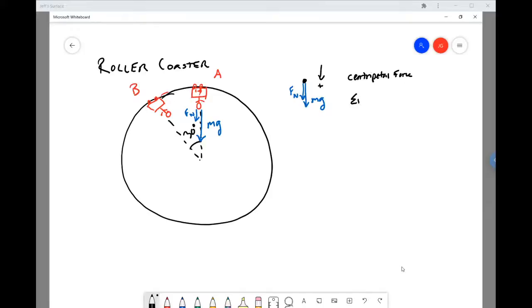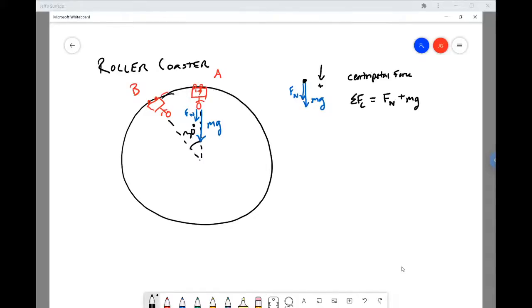And so the net force, I'll say net force sub C for centripetal, the center pointing force, the total force that's pointing toward the center of the circle that the child is traveling along, is equal to the sum of these two forces. They both point toward the center of the track.